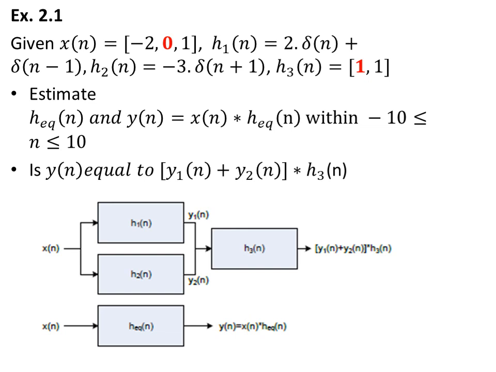So in the first figure you can see Xn is fed into H1n and H2n, so you are getting Y1n and Y2n, right? Then that will be fed into H3n, then you are getting the output, right? So the input to H3n is Y1n plus Y2n, right?